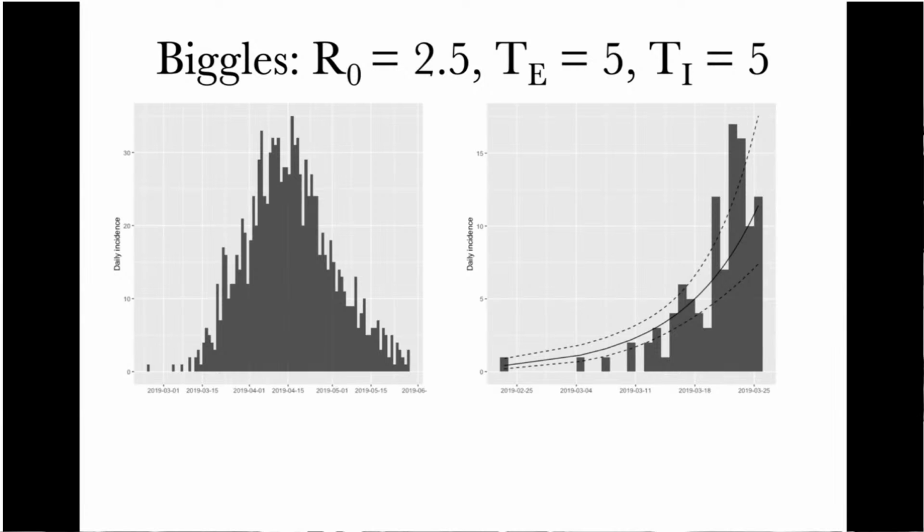Now let's look at another data set. This is a data set generated by an R naught of 2.5. It's an SEIR model, so people spend roughly 5 days in the exposed state, and then again about 5 days in the infectious state.